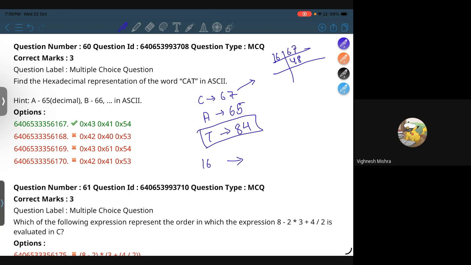So 10 to 16. That is what I was wondering. Just binary to hexa. Does anyone remember even the conversion of decimal to binary? Darn it, I forgot. Let me see, I might have it.